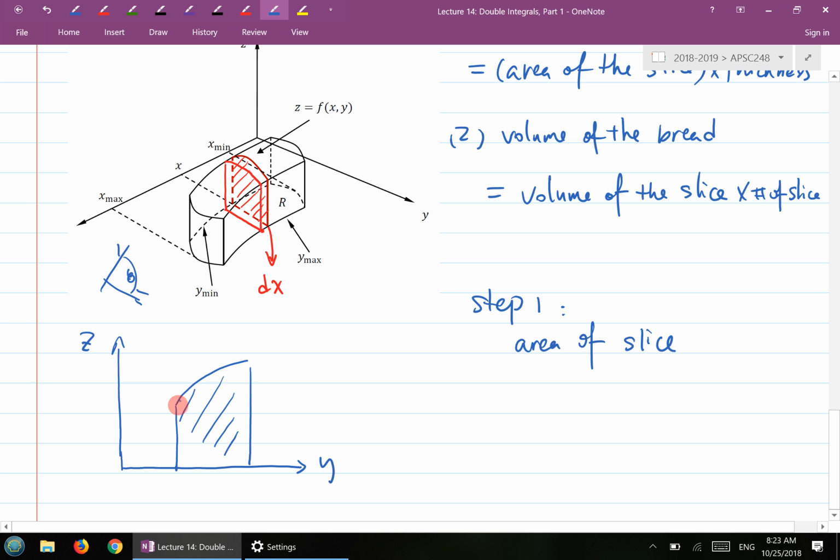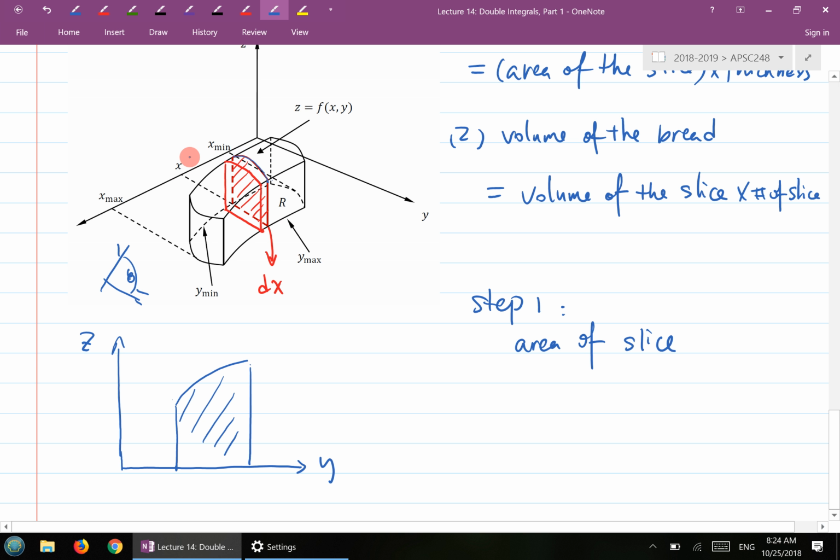Now, first of all, the top curve, which is this curve here. Now, that curve is actually right on the surface, z equal to f of x, y, right? So this curve is on the surface. How that curve is generated is you did a straight cut at this location x here. So as you can see, basically, along this cross section, all of the x values are actually being kept at what?